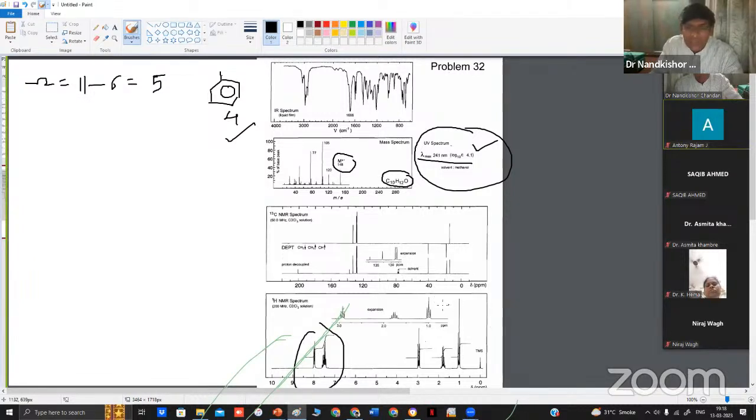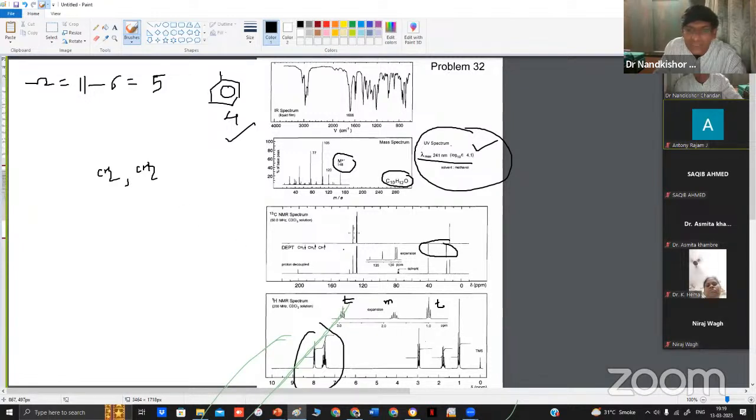Now in the expansion, this is a triplet, there is another triplet, and this is a multiplet. A triplet indicates the presence of a CH2 group. When two triplets are reflected, that means there are two CH2 groups, which is confirmed from the CMR. In the DEPT there are 2 negative peaks, so 2 CH2 groups are there.